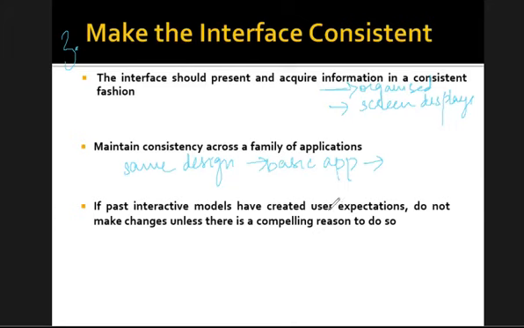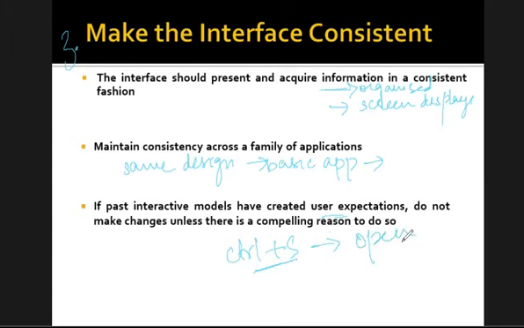And then the next one is, if past interactive models have created user expectation, do not make changes unless there is a compelling reason to do that. Like in the previous point, I told you that shortcuts need to be intuitive. So if the user is aware that for every application Control plus S is save only, you should not make any changes to Control S. You should not make it for opening a file.